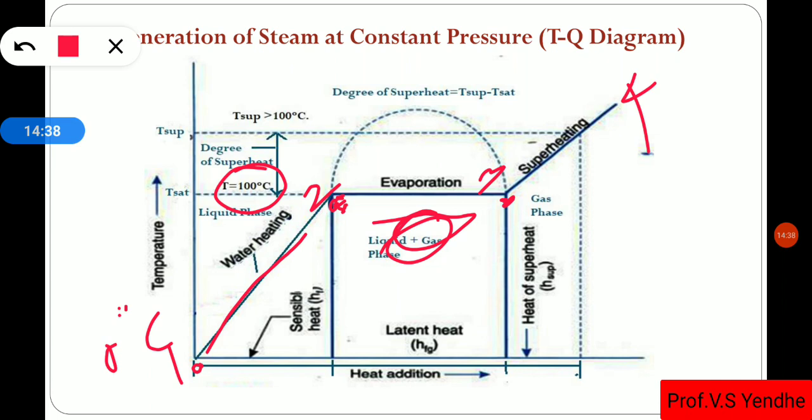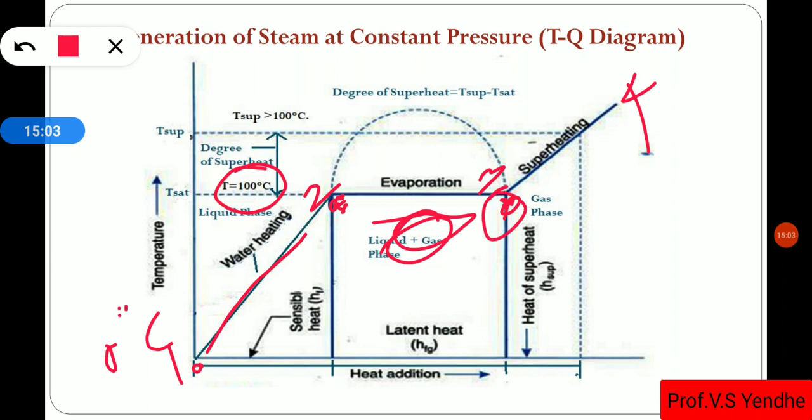Why is it saturated? Because some amount of water particles are contained inside the steam. And the steam which is at 100 degrees Celsius, that is why it is also known as saturated steam, because the steam is at 100 degree Celsius at point number 3.